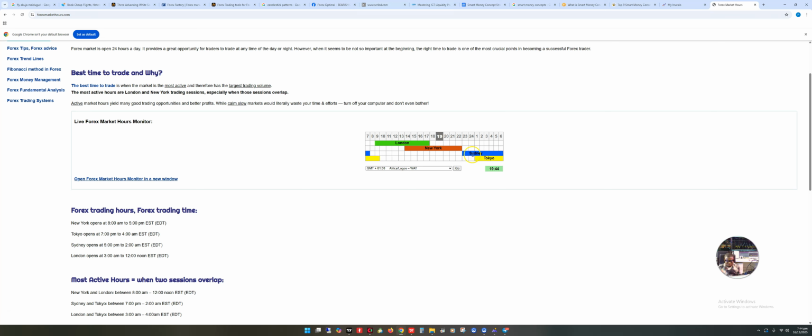Currently the market opens for Sydney, which is the Asian session, by 11 p.m. Nigerian time. Sydney closes by 7 a.m. Nigerian time, while Tokyo will open at 1 a.m. and close at 9 a.m.